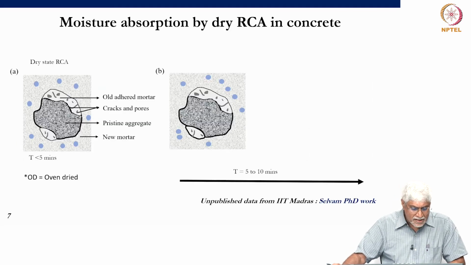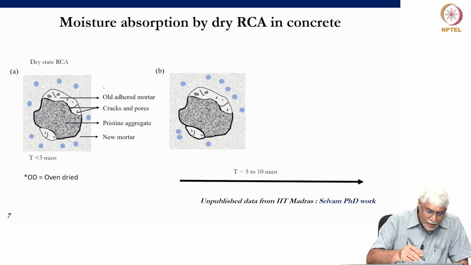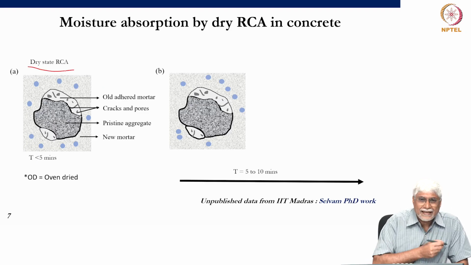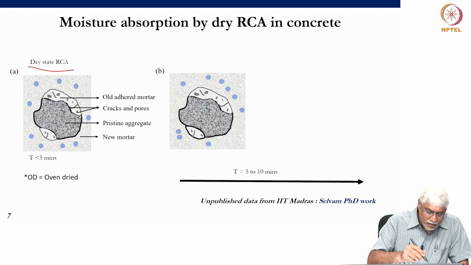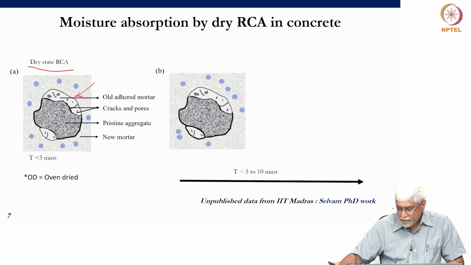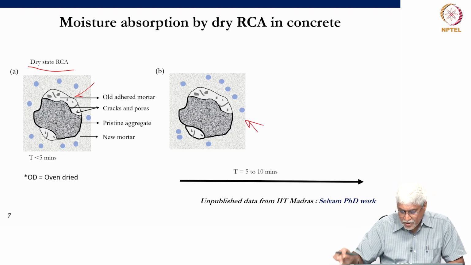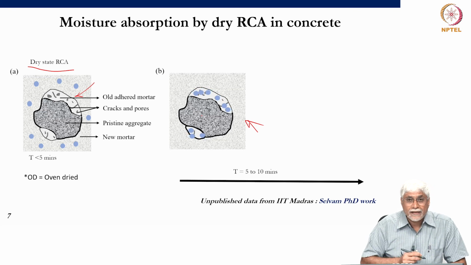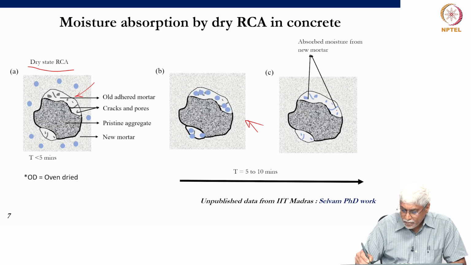So this is what is shown here in these cartoons. Suppose you have very dry aggregate and you put the dry aggregate into fresh concrete, into new concrete, then you will see that this aggregate absorbs water. So this is what we see here in this animation. You see that the water is going in. So the water goes in, fills up the pores, the porosity of the adhered mortar.